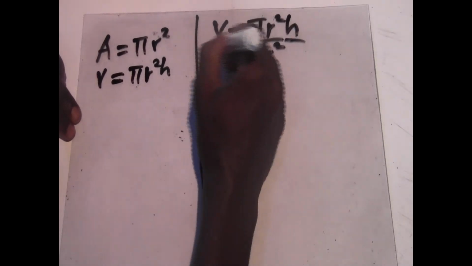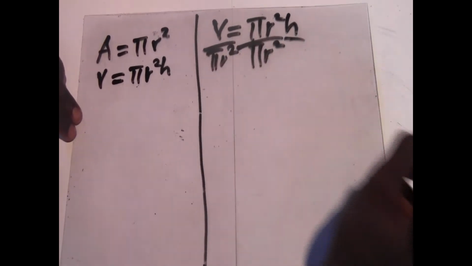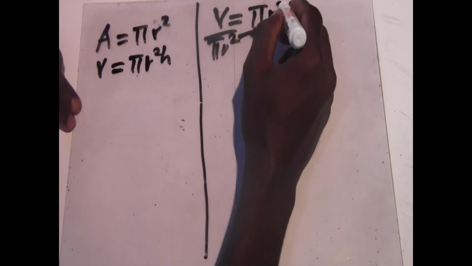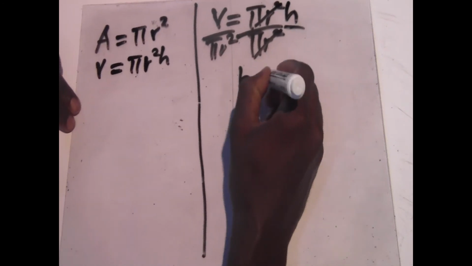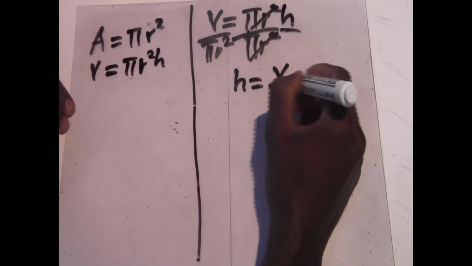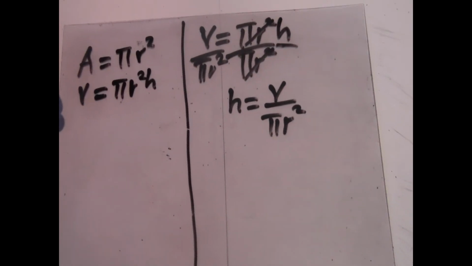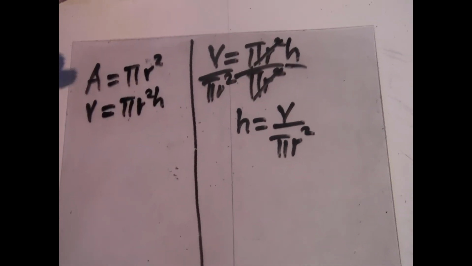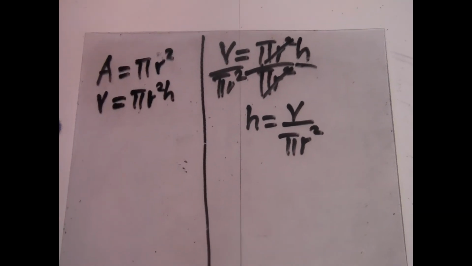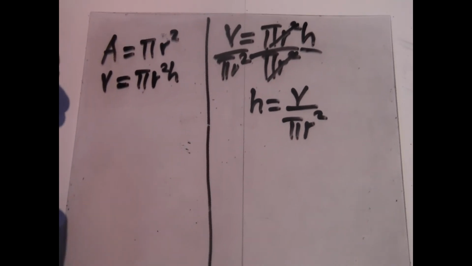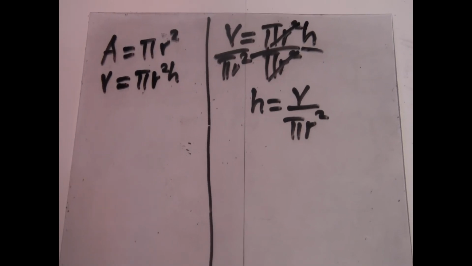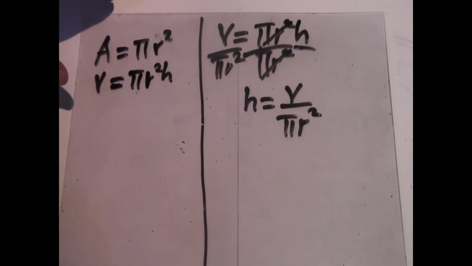That's simple. This pi r squared will cancel with this one. So our h will be volume over pi r squared. That is the formula for getting the height of a cylinder when given the volume and the radius of that cylinder. So we are going to move to another final example.